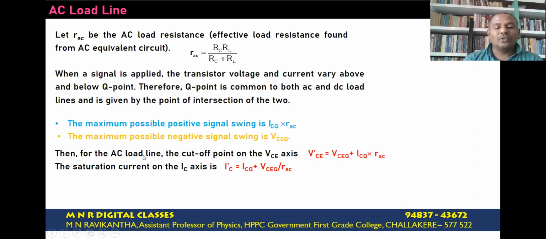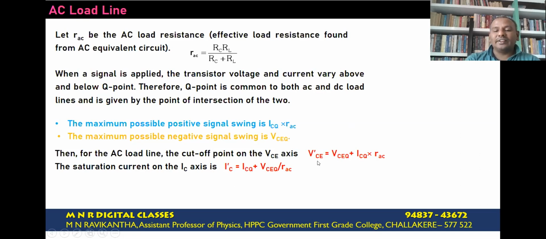Then for the AC load line, the cutoff point on the VCE axis is VCE dash, equal to VCEQ plus ICQ into RAC. Similarly, the saturation point is obtained on the y-axis, that is the IC axis, where IC dash is equal to ICQ plus VCEQ by RAC. So we have 2 points now for the AC load line.